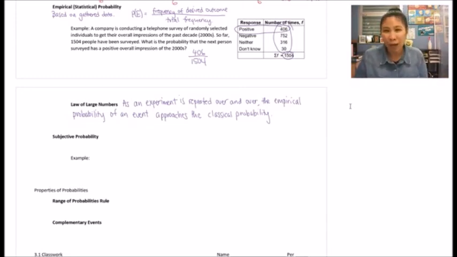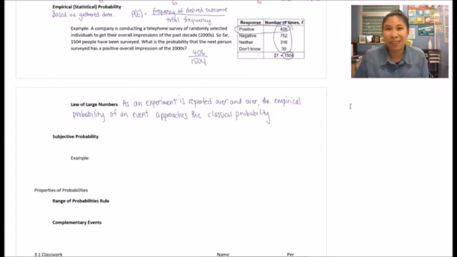But if you do it 5 times, let's say you get 3 heads out of those 5 tries, then your empirical probability would be 3 out of 5, because you've only attempted it that many times. 3 out of 5 is 60%, so not that close to the 50% at all.